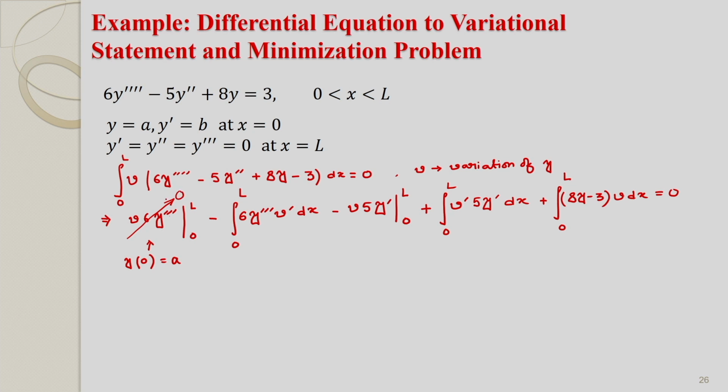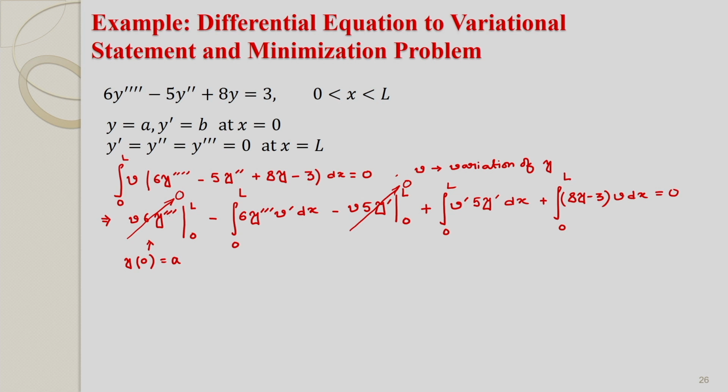Now, for this boundary term, because y is prescribed at x equal to 0, v is 0 at x equal to 0, and also at x equal to L y prime is 0. So, the contribution of this boundary term is also 0 at both x equal to L and x equal to 0.